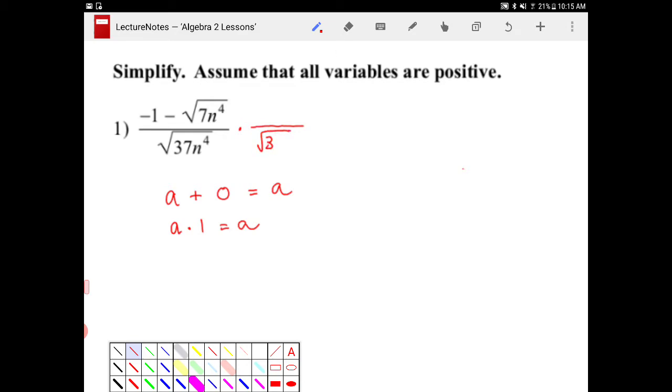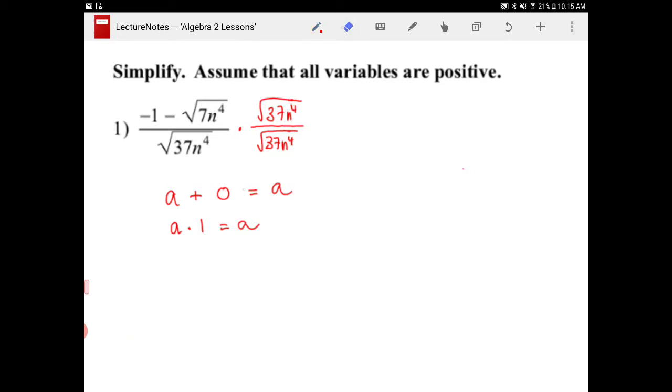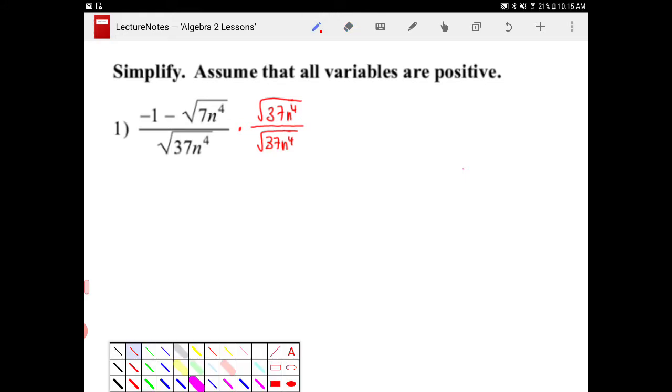We're going to multiply by radical 37n^4 over radical 37n^4. Why are we doing this? Because if we do this, then the denominator will be squared, the denominator will be rational. The whole expression will be rationalized.